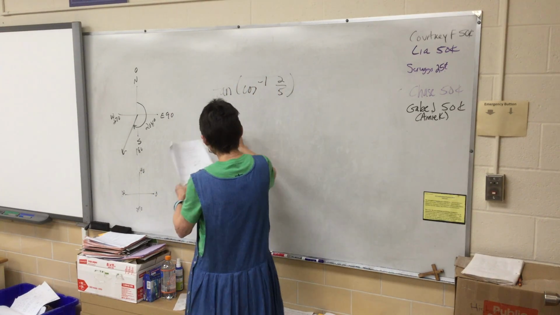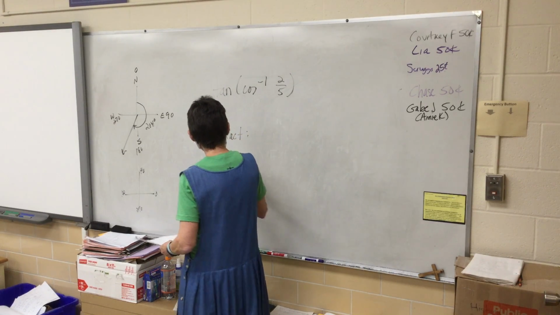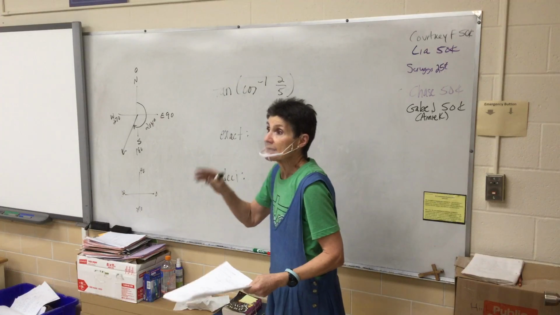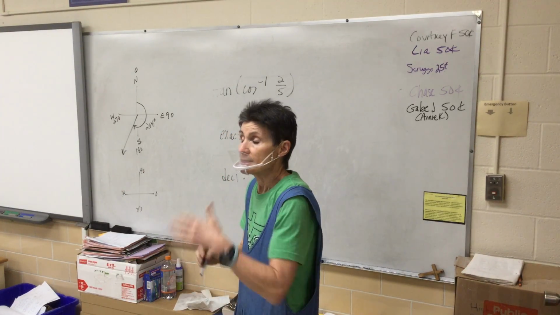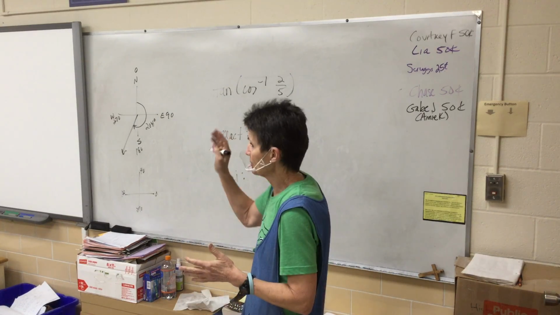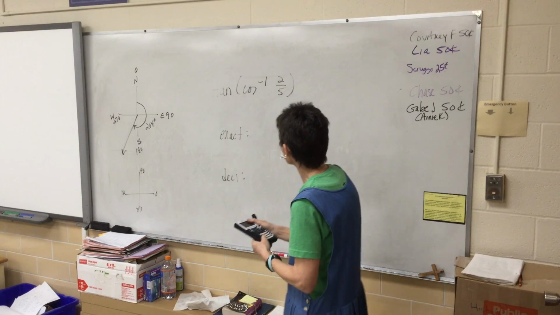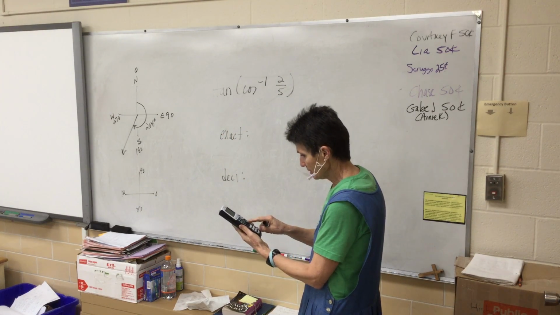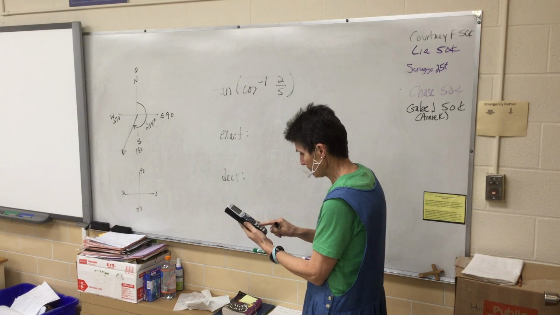Now, this one we're going to do two ways. We're going to do it exactly and we're going to do it decimally. Exact means draw a picture, no calculator. Decimal means type it in on your calculator. So the decimal part is easy. Tangent, second cosine, 2 divided by 5.